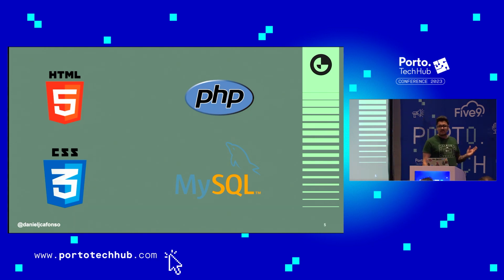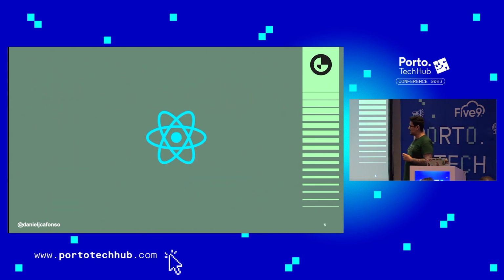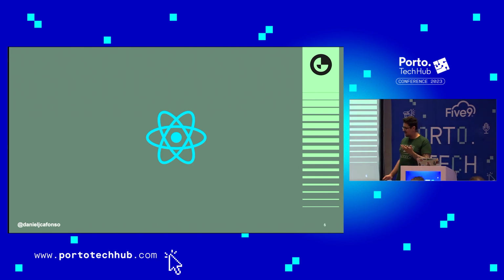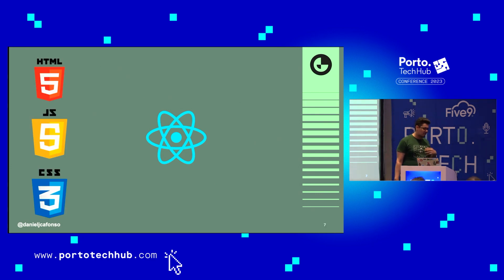And this worked for many years and for many months, until we transitioned to the era of the SPAs, or single-page applications, or React applications, whatever. A couple of years after, this was the experience of building my first React app. Now, React is a JavaScript library, framework, whatever you want. So, obviously, HTML and CSS were not enough.